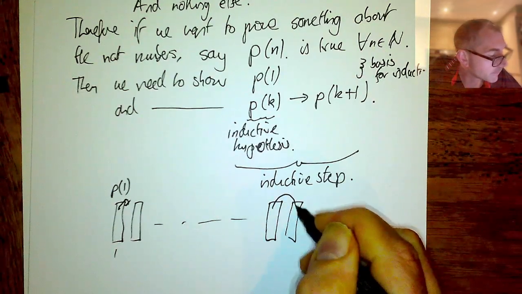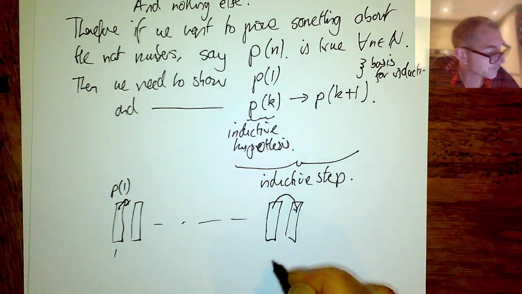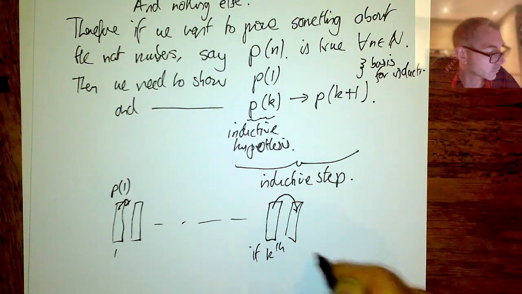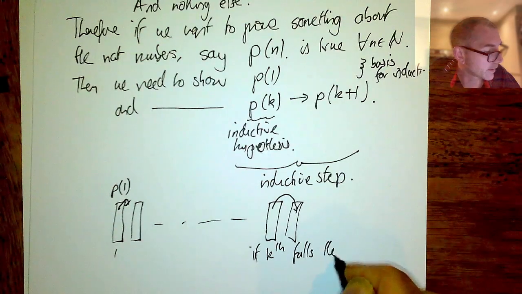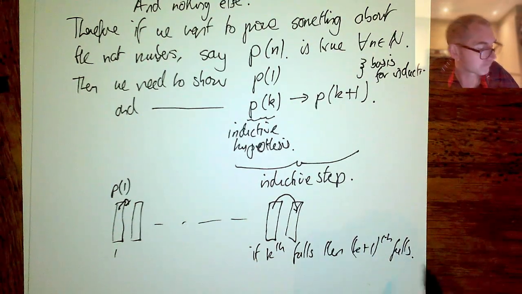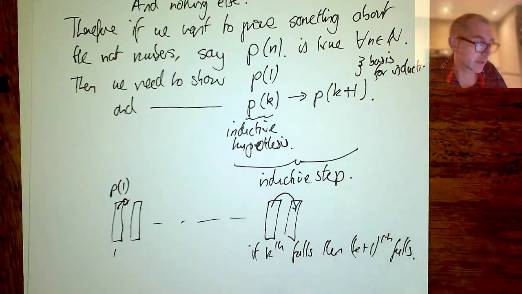So this is the inductive step here. If the kth falls, then k plus 1 falls. Okay, so that's the basic idea.